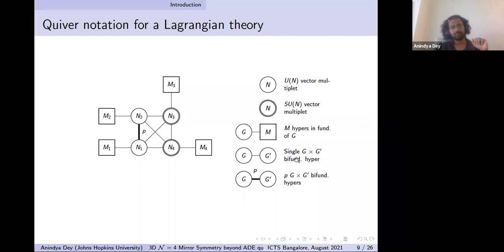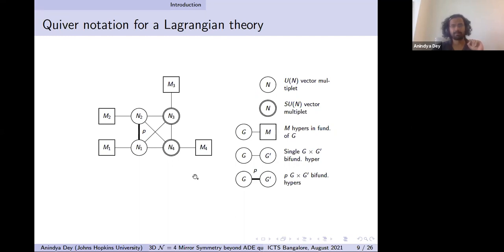A line connecting 2 circles would be a single bifundamental. And if there are multiple bifundamentals between 2 gauge nodes, then I'll explicitly denote that with an integer p. So in this case, for example, there are p g times g prime bifundamental hypers.